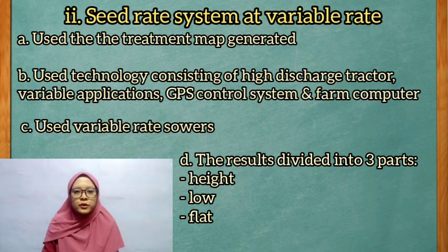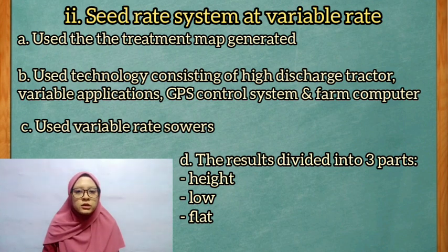Seed rate system at variable rate. In this system, the treatment map generated is used to sow rice seed. This system also uses technology consisting of a high discharge tractor, variable application, GPS control system, and farm computer.